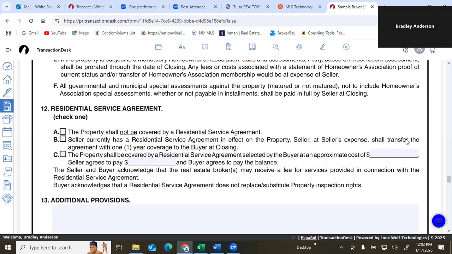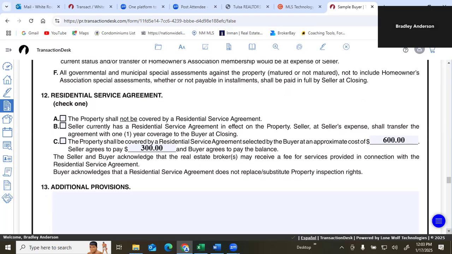Seller at seller's expense shall transfer that agreement with 1 year coverage to buyer at closing, or the property shall be covered by a residential service agreement selected by the buyer at an approximate cost of, let's say it's $600, and the seller agrees to pay half of that. Okay, and so this is just a home warranty that covers a buyer for a year.